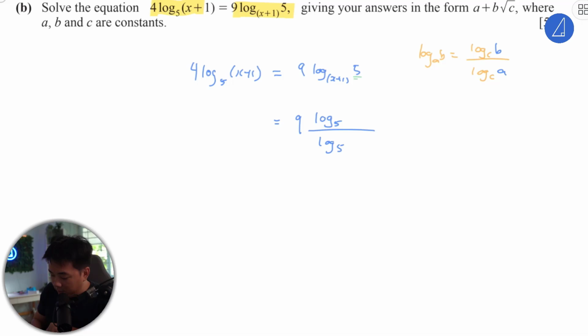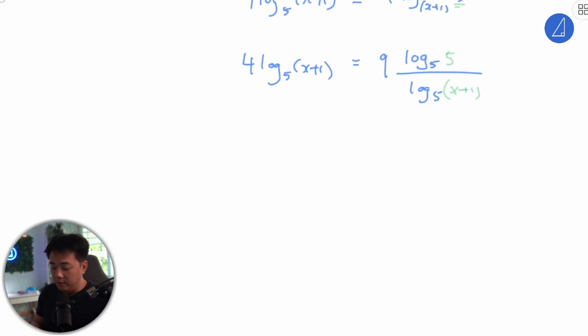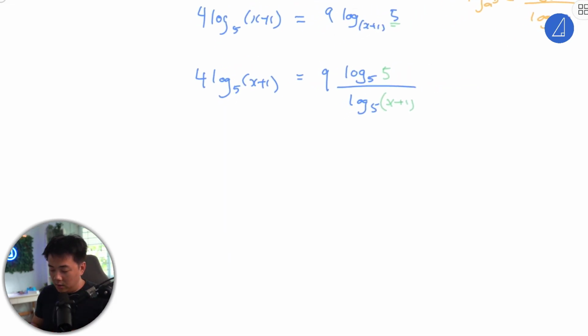So put the 5 on top here and the x plus 1 below here. Very easy. So this will be 4 over log base 5 of (x plus 1). Log base 5 of 5 will just be 1.